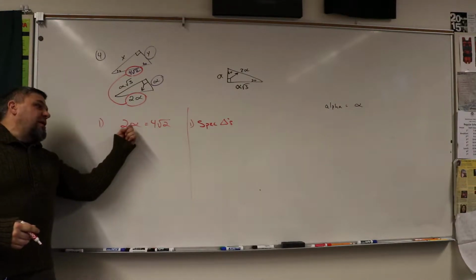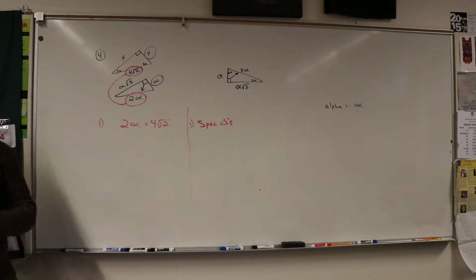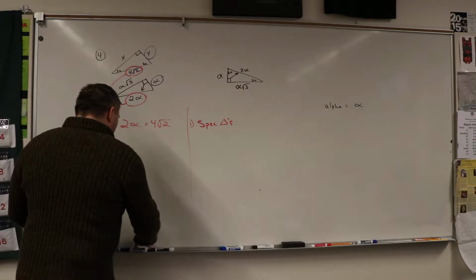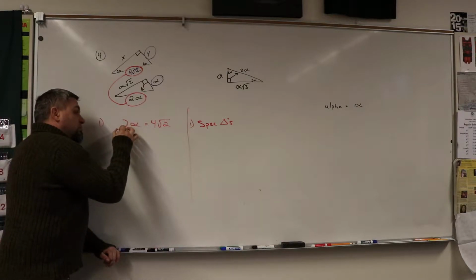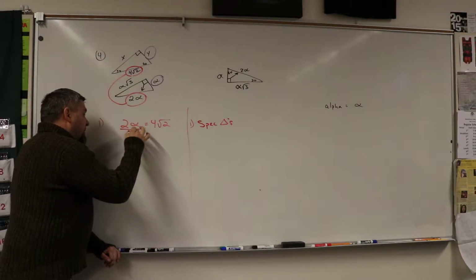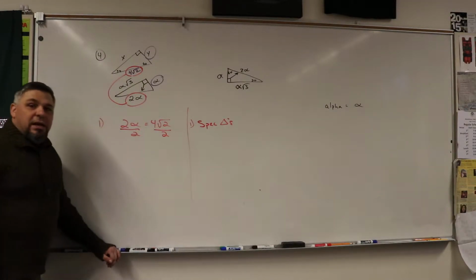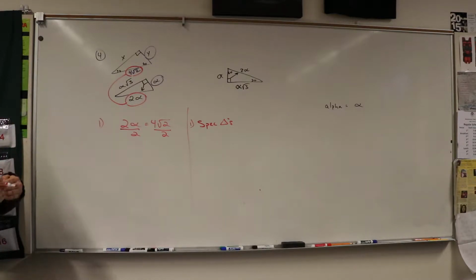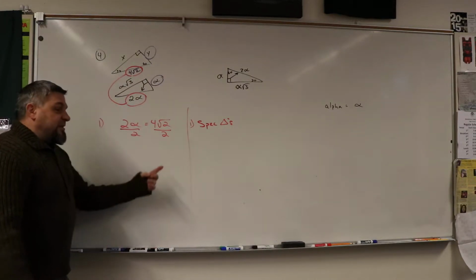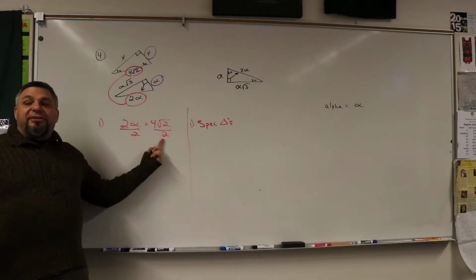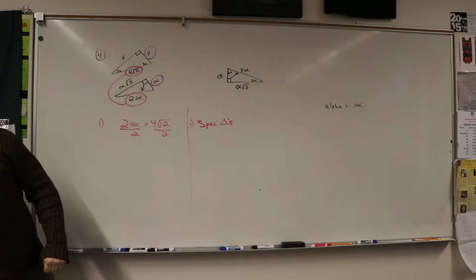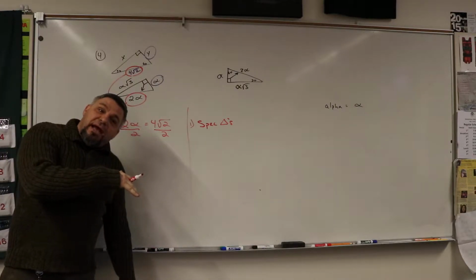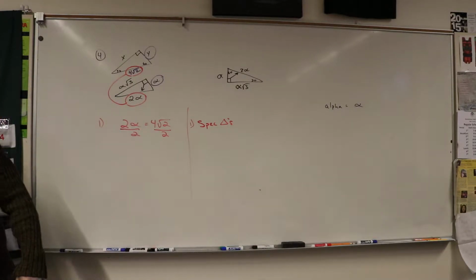And then, how do I solve for the fish? How do I solve for alpha? Divide by 2. Now remember, what's in a radical divides what's in a radical, and what's outside of the radical divides what's outside of the radical.